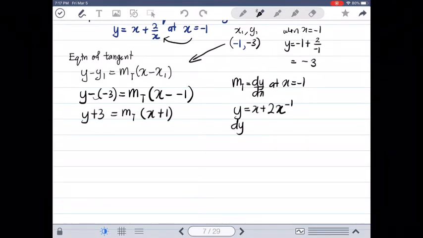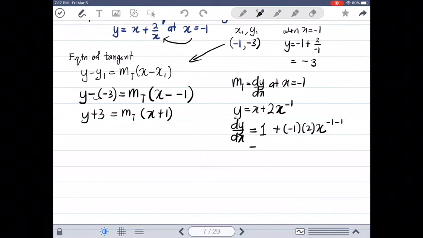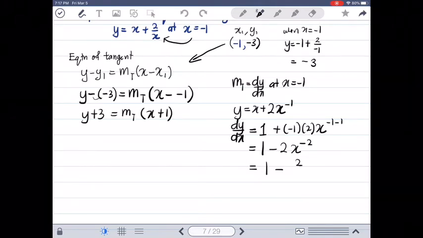So dy over dx is equal to 1 plus negative 1 times 2 times x to the power of negative 1 minus 1, so 1 minus 2x to the power of negative 2, which is just 1 minus 2 over x squared.